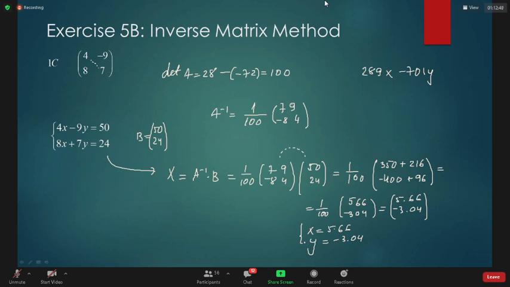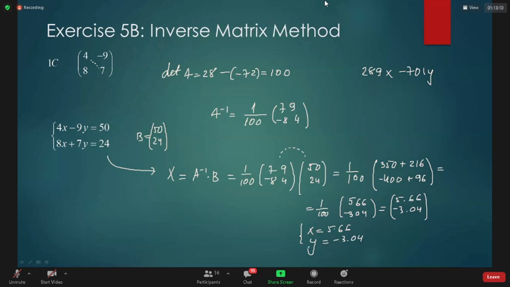I chose 2 by 2 for this method simply because, at this moment for this exercise, the inverse matrix of 2 by 2 is easier to find. It's simple to find, so it's not a waste of time.